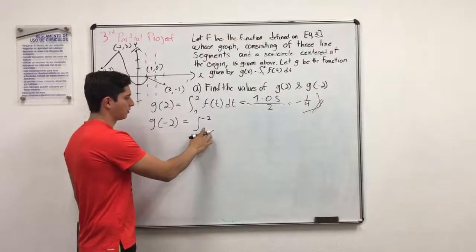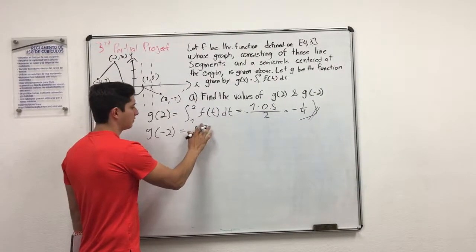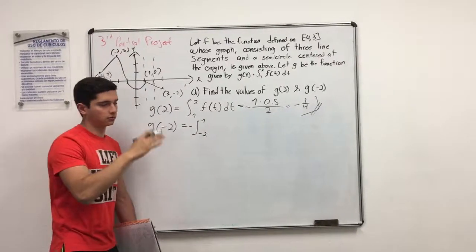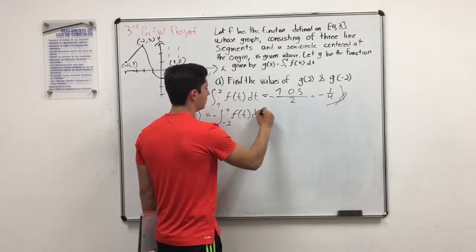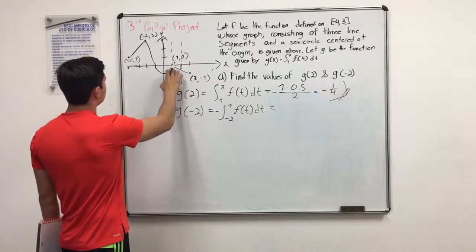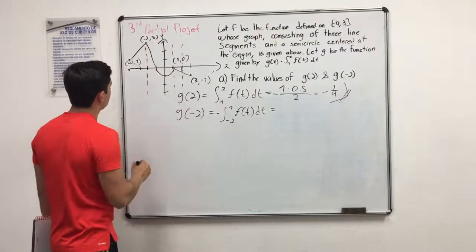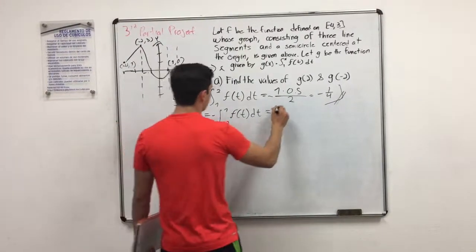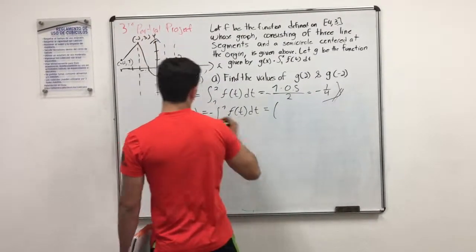Then we're going to get g(-2), which is the integral from 1 to -2, and we know that because this is going from a higher value to a lower value, it is going to be negative, and we can change these two into the integral from -2 to 1 of f(t) dt, and we now have to get the value from -2 to 1. For the area of this, we just have to get 1 times 3 over 2.